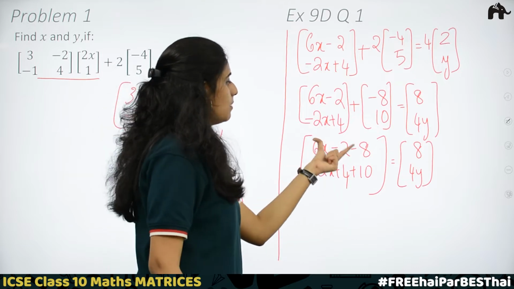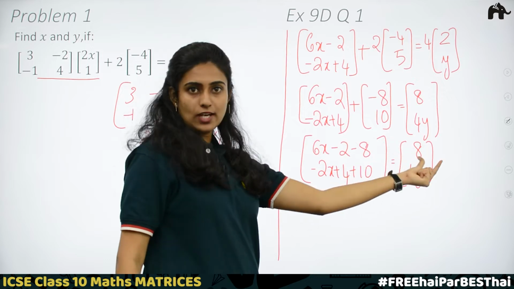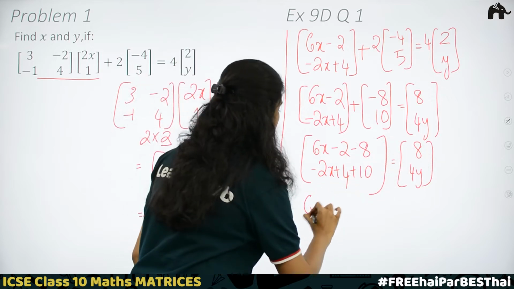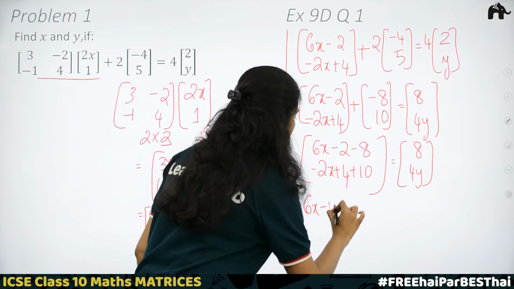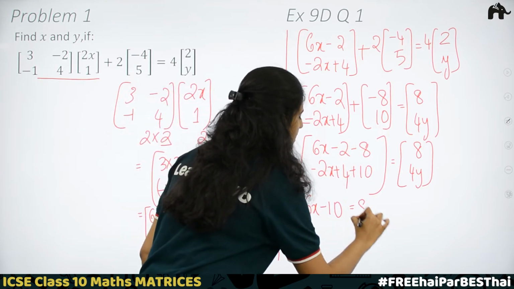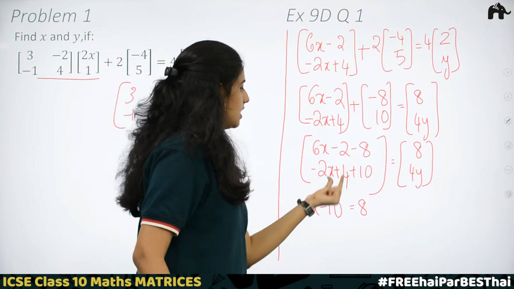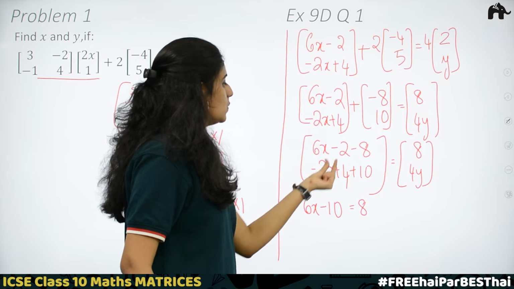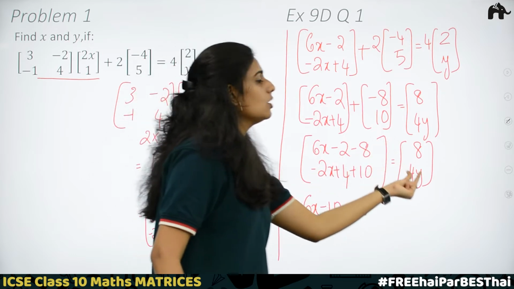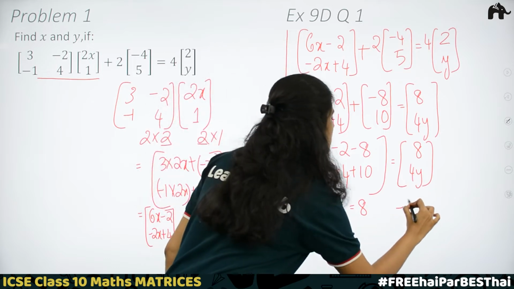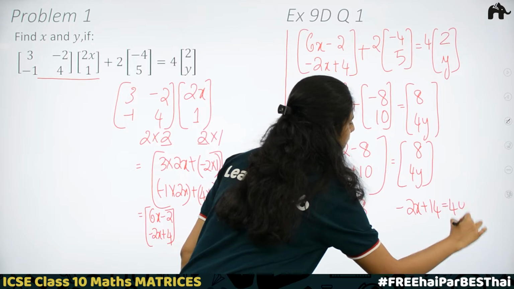This is the first element of this matrix and this is the first element of this matrix. They should be equal. Yes. That is 6x minus 2 minus 8, which is 6x minus 10, is equal to 8. Similarly, considering the second elements, we have minus 2x plus 4 plus 10, so minus 2x plus 14 is equal to 4y.